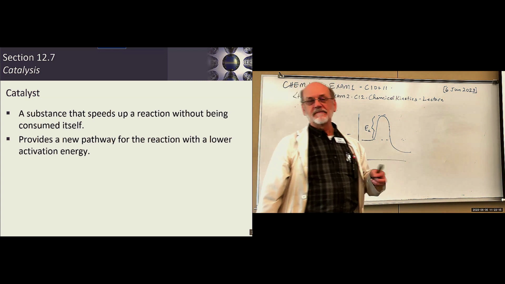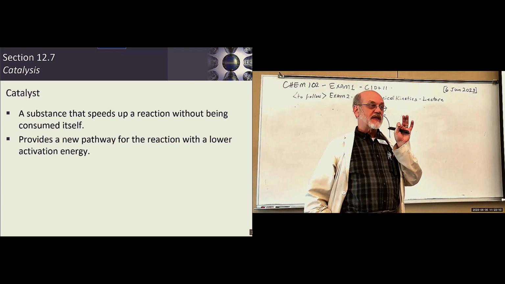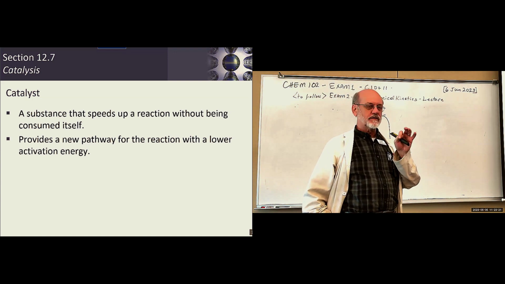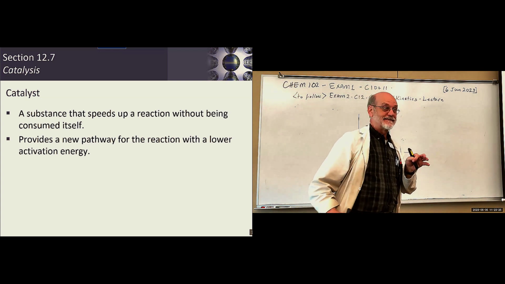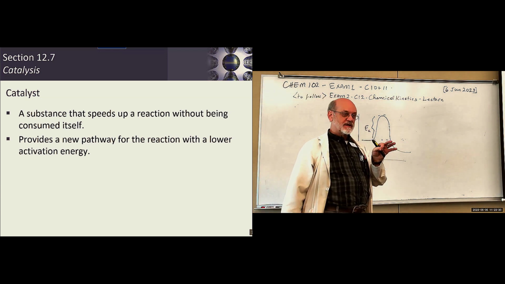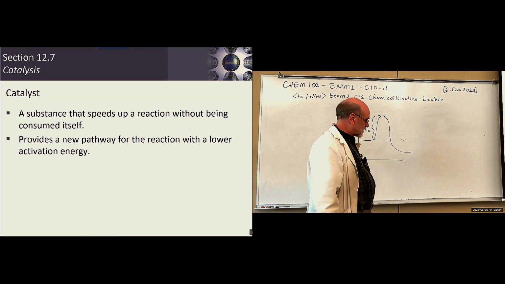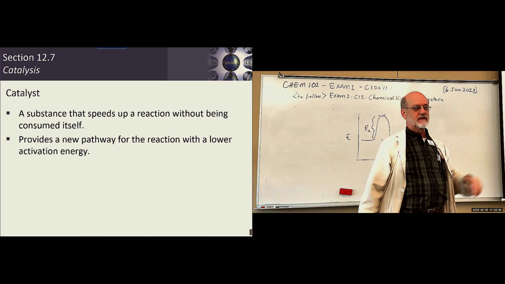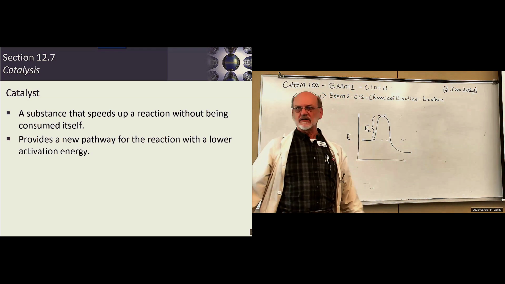What is a catalyst? A catalyst is any substance that causes the rate of the reaction to increase. And while it participates in the reaction, it is unchanged by the reaction. In other words, the catalyst comes in one end, goes out the other end, and for the overall stoichiometry, it doesn't change.